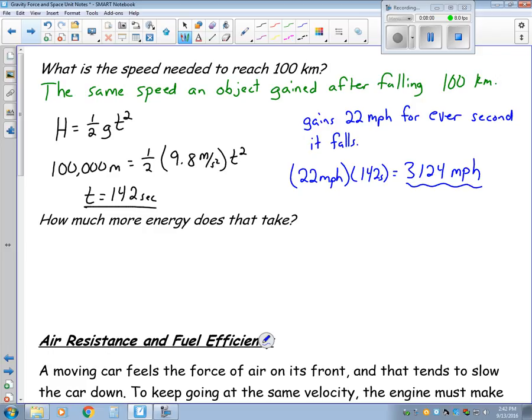This seems like a really fast speed, but if we do some converting, this is actually about 0.86 miles per second. So it's really not quite as fast as you might think.